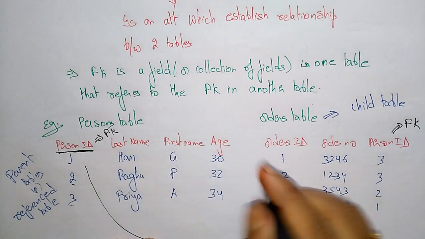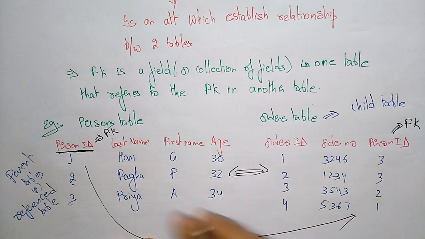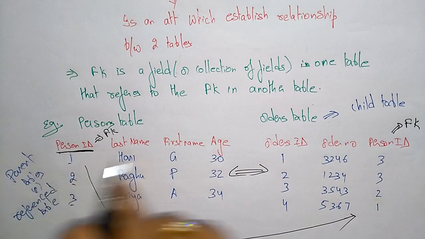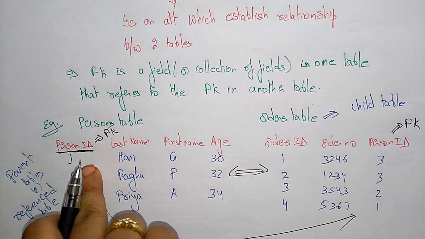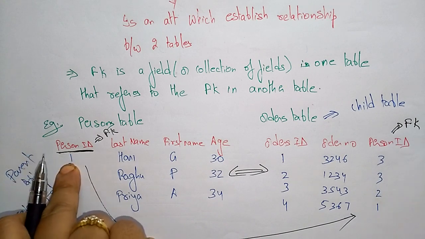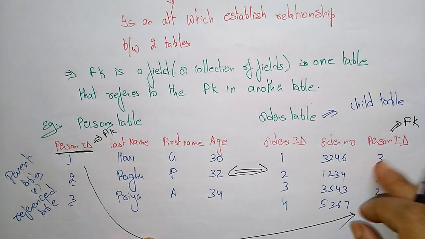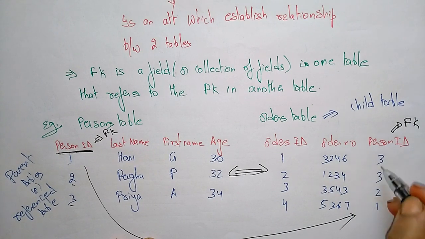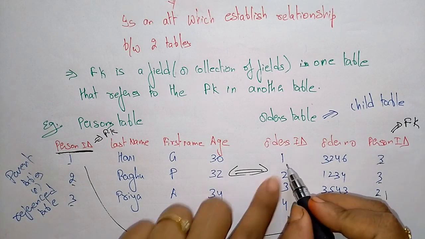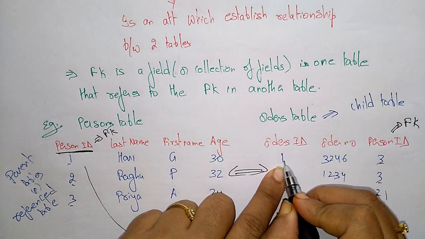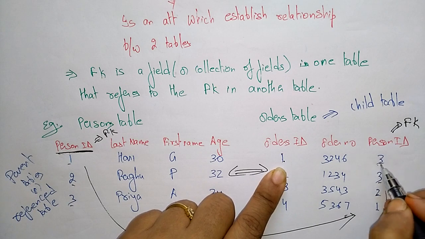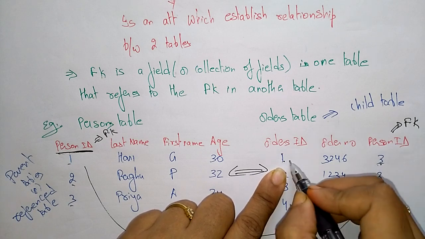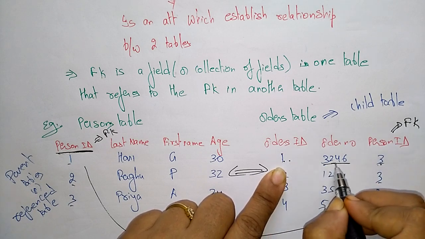So a foreign key is an attribute which establishes a relationship between two tables. So here a connection will be there between these two tables, because this is a parent table and this is a child table. In the parent table the person ID is acting as a primary key, whereas in the child table it is acting as a foreign key. Here redundant data is allowed. So person 3 is ordering one item and his order number is this.